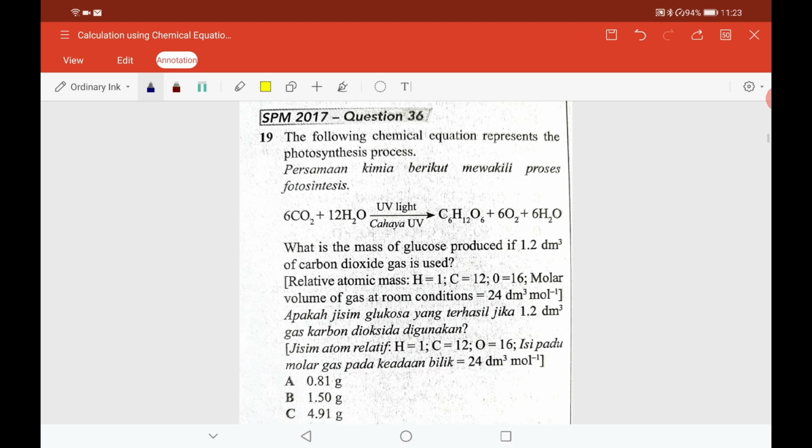Next question, this is also a past year question. The following chemical equation represents the photosynthesis process. The question asks, what is the mass of glucose produced if 1.2 dm³ of carbon dioxide is used?